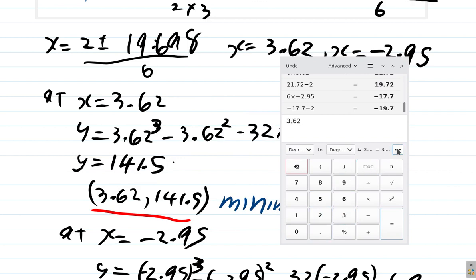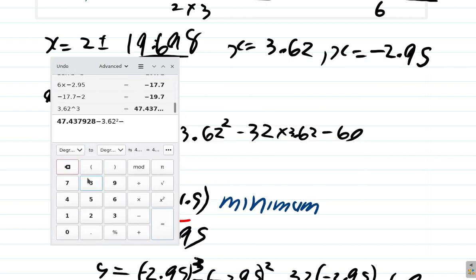Let me see something here. 3.62 raised to the power of 3 equals 47 point that, minus 3.62 squared, minus 32 by 3.62 minus 60.